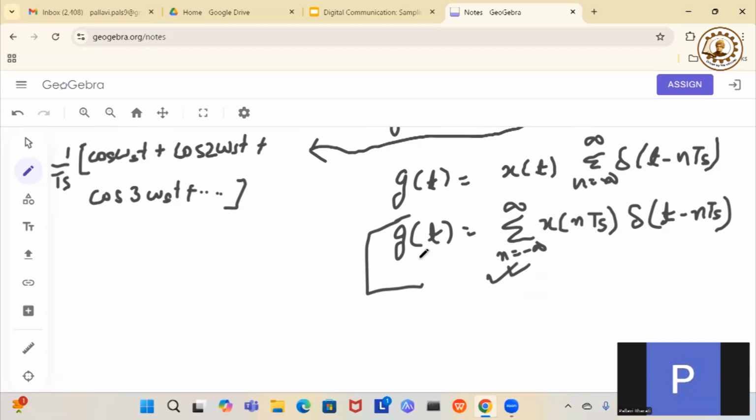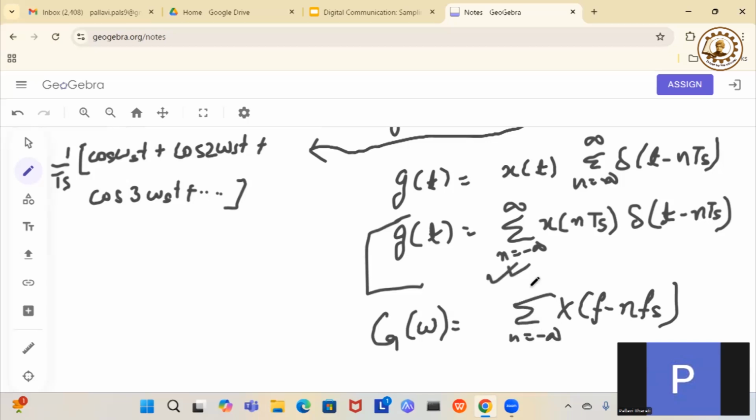If you take the Fourier transform of this, you are going to get G of omega equal to, this one will be written as X of f minus n fs, summation n equals minus infinity to infinity, and this one is going to be multiplied by fs.